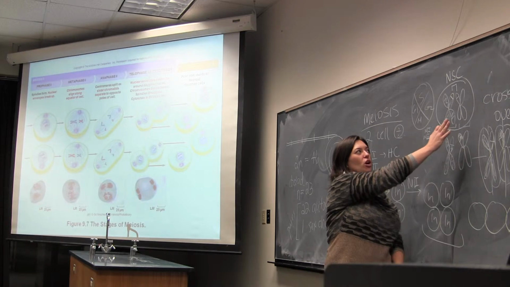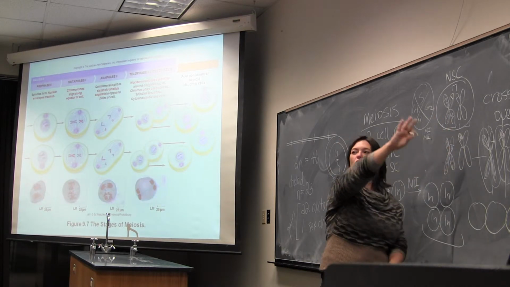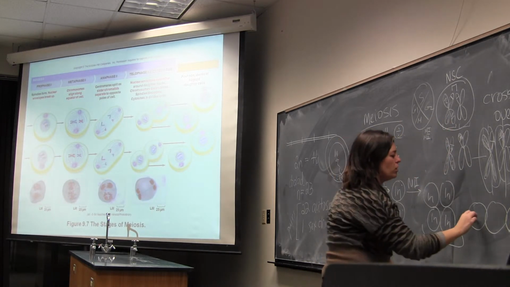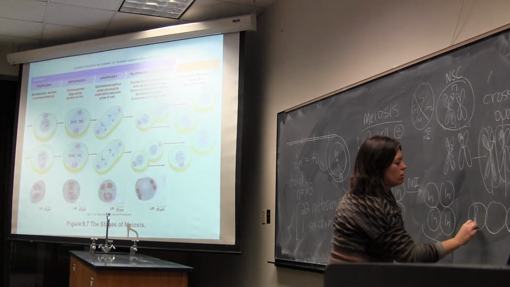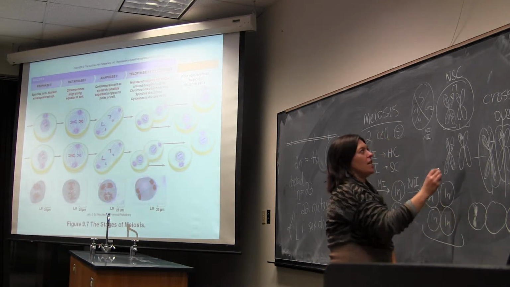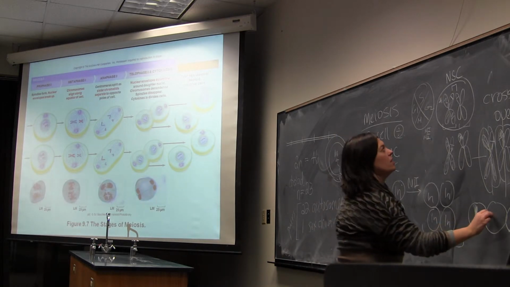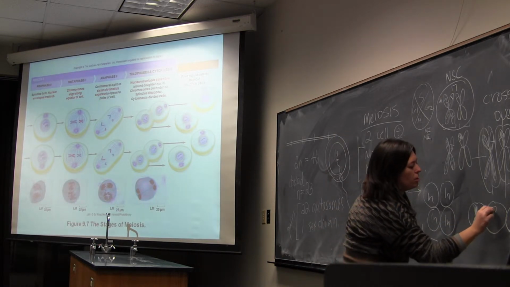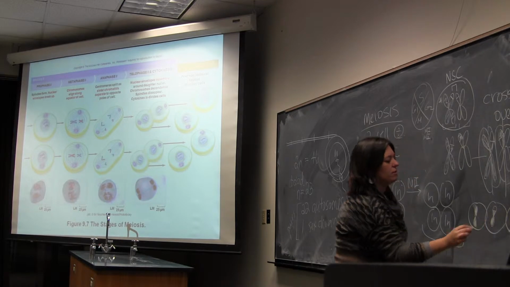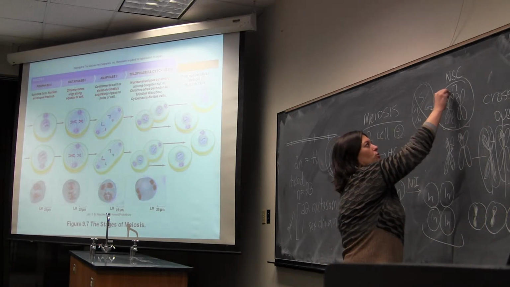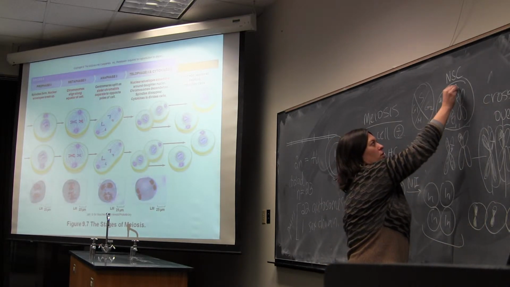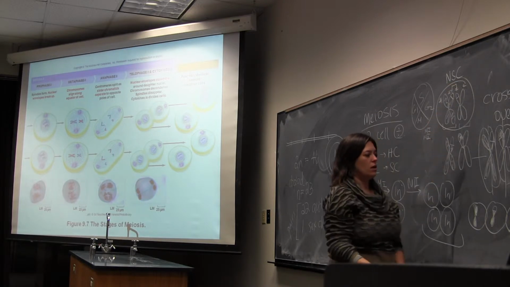But anyways, after crossing over occurs and you go through meiosis 1 and you go through meiosis 2, now you're going to have 2 different pieces of DNA. So this is going to be 1, this chromatid right there. This guy is going to be another, this chromatid right here, number 2. This guy's number 3, and this guy's number 4.